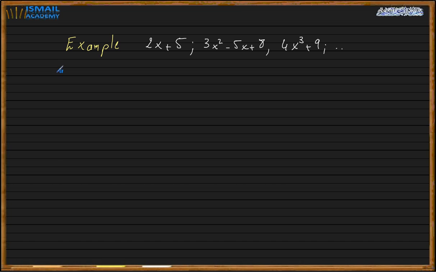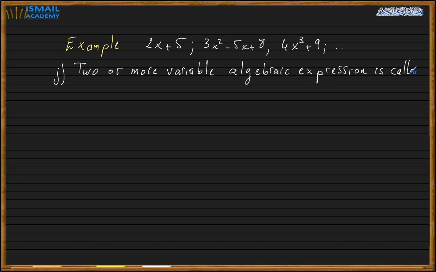If it has two or more variables, a two or more variable algebraic expression is called a multivariable polynomial.